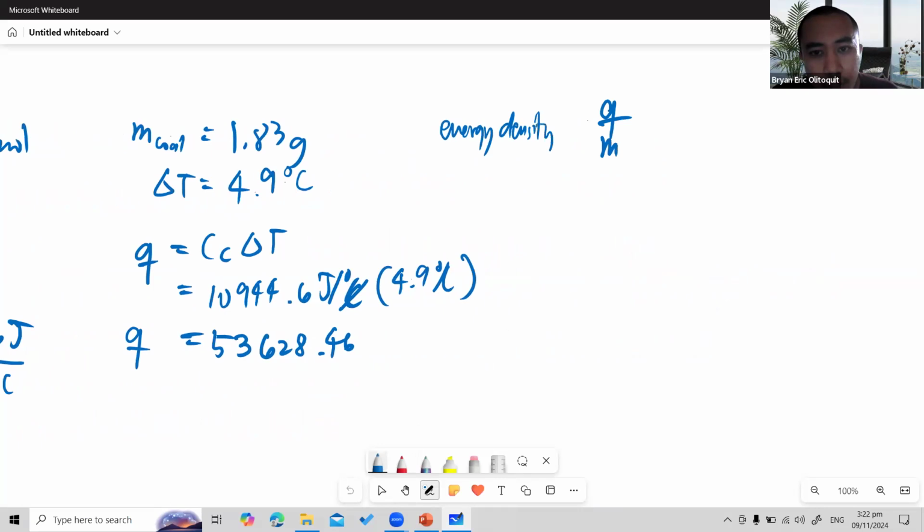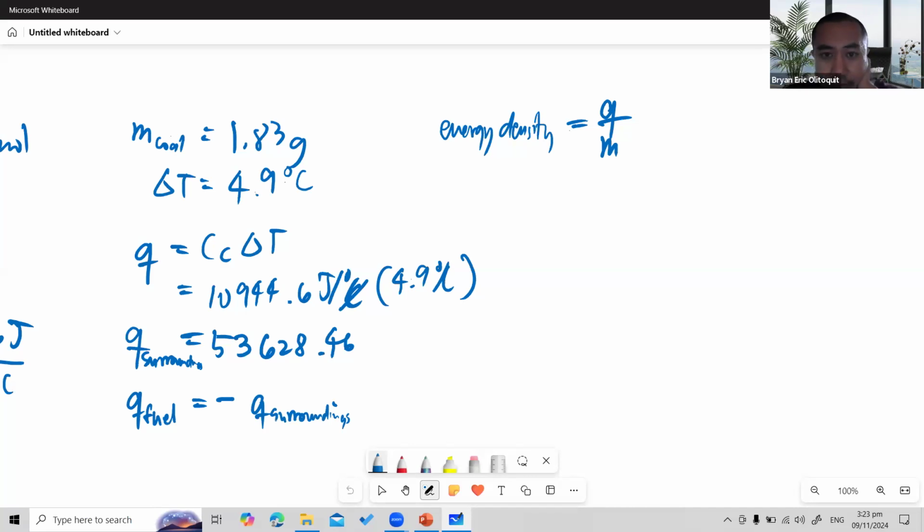Of course, this one should be negative, because it is what was absorbed by the surroundings. Since our surroundings is the calorimeter itself, going back to our equations, the heat released by the fuel is equivalent to the negative heat absorbed by the surroundings, because the fuel is what released the heat.